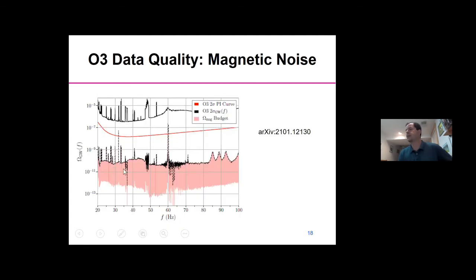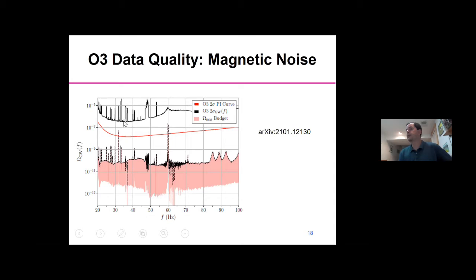So that's what this band is, and the dashed line here is the top of the band. And you see that basically everywhere across the frequency band, our estimate of the magnetic noise contamination is below the sensitivity of our detector. So we're still good. It's just not a problem.